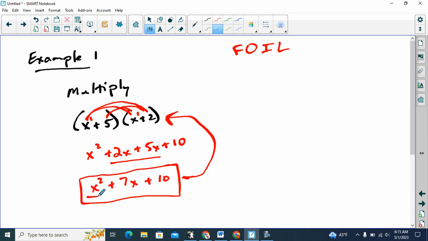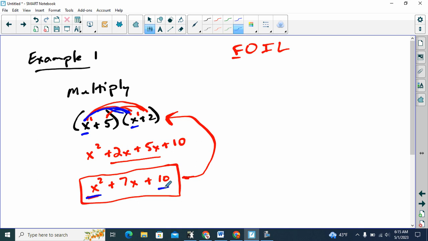So notice if I have x squared, that x squared is always going to come from when I multiply the first terms together. The only way to get 1x squared is to do 1x times 1x. So these are always going to be x and x. Unless this is like w squared, then it'd be w and w, or y squared, y and y.